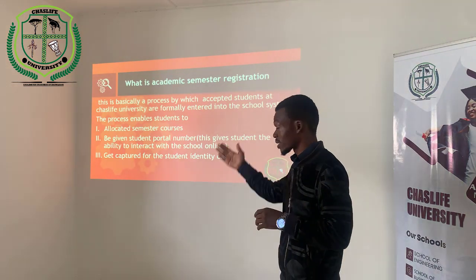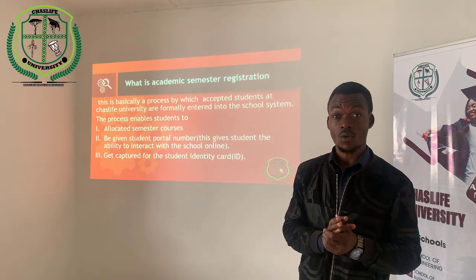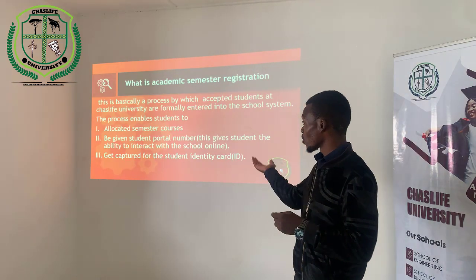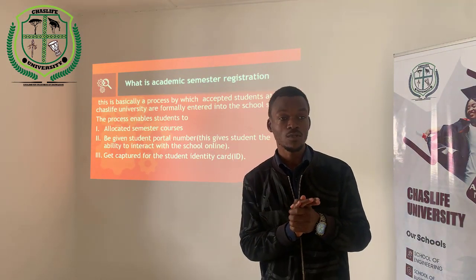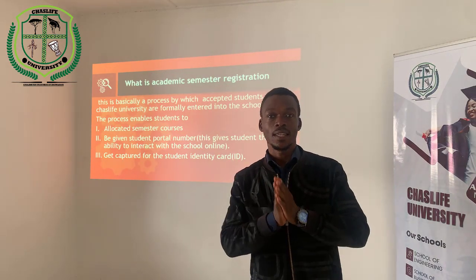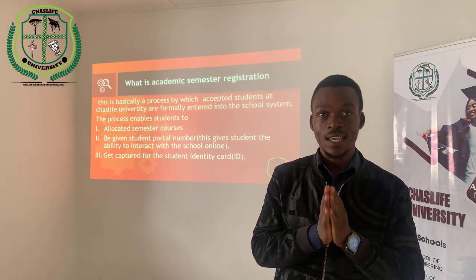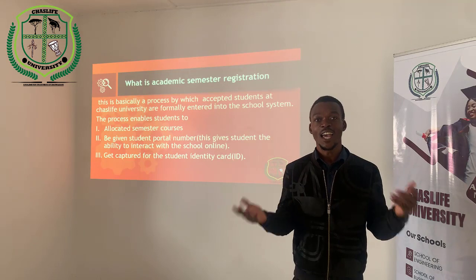This process will allow you to have courses, or you'll be allocated courses. And then you'll also be given a student portal number or the ID number. The student portal number or the ID number is a number that reflects in the school system and is used to identify the students.